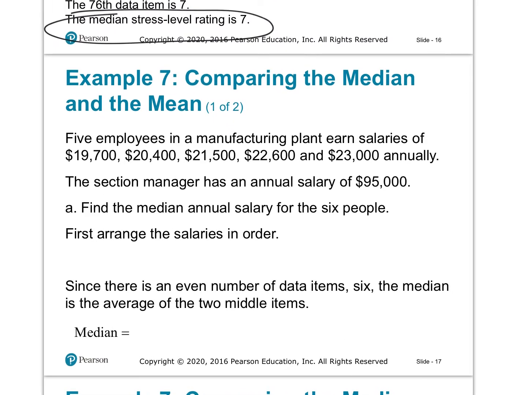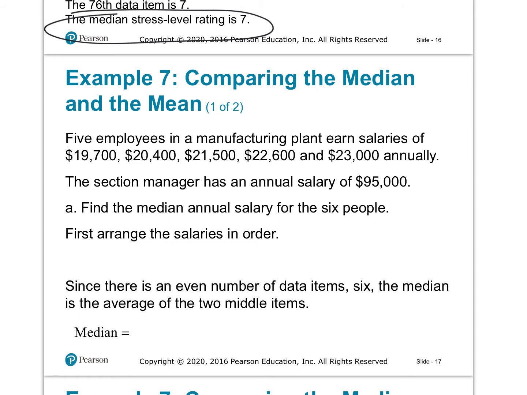All right, comparing the median and the mean. It says 5 employees in a manufacturing plant earn salaries of $19,700, $20,400, $21,500, $22,600, and $23,000 annually.